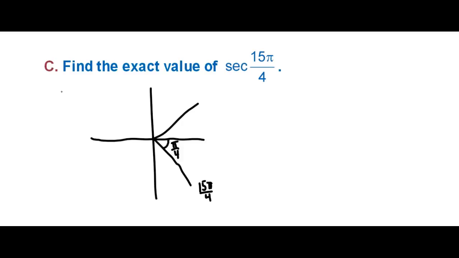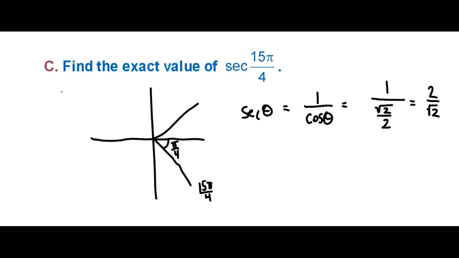And remember, secant theta is the same as 1 over cosine of theta. And we know that cosine of pi over 4 is always going to be square root of 2 over 2. So we've essentially got 2 over the square root of 2. If we rationalize that, I wanted to cross out the square roots there and make this 2 square roots of 2.